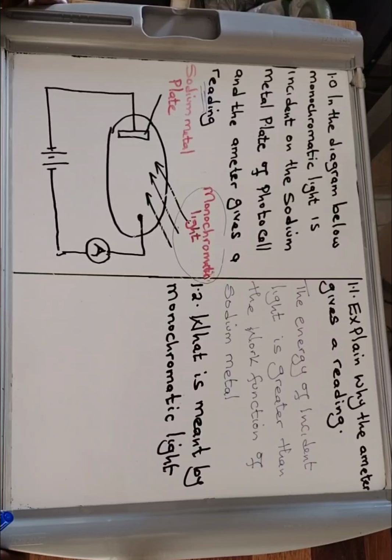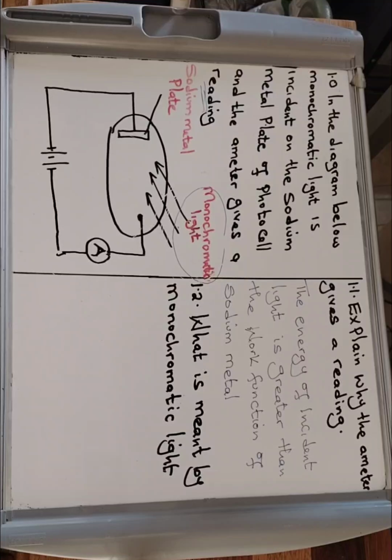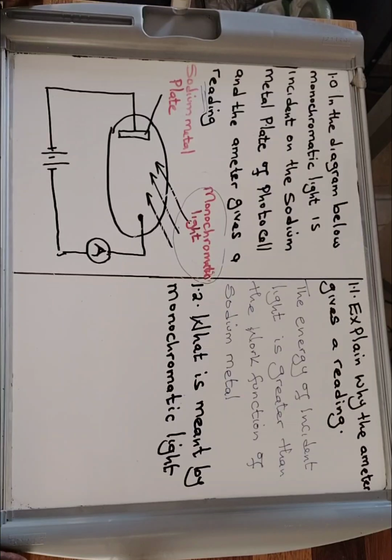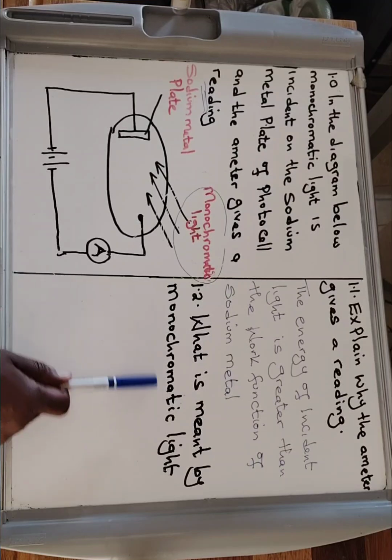Then comes another question, 1.2. It says, what is meant by monochromatic light? Okay. Now, as the word sounds, mono means one, and chromatic means color.